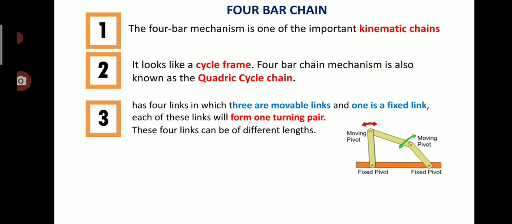We have seen the different types of pair: sliding pair, turning pair, spherical pair, screw pair. Out of that, in the case of the 4-bar chain, every link will form one turning pair.